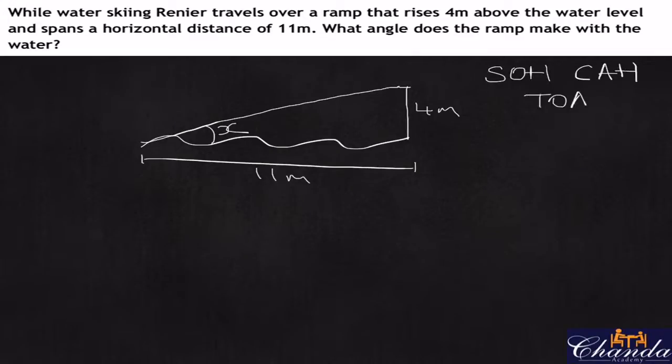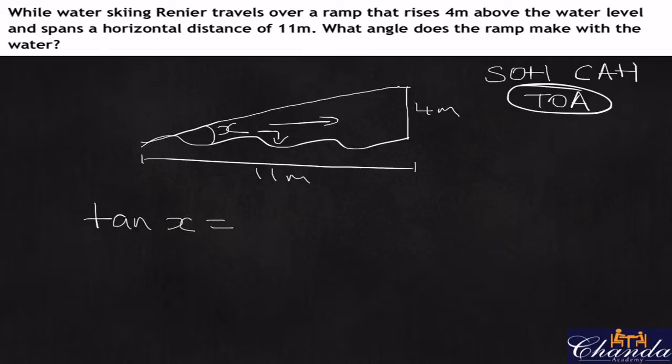Now once again, guys, using our concept of SOHCAHTOA, I'm hoping that you guys are fairly used to this concept by now. So we have opposite and adjacent, so we again have to use TOA. So we have tan of x is equal to 4 divided by 11. Therefore, tan of x is equal to 0.364.